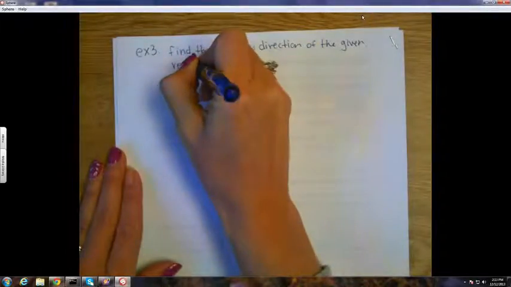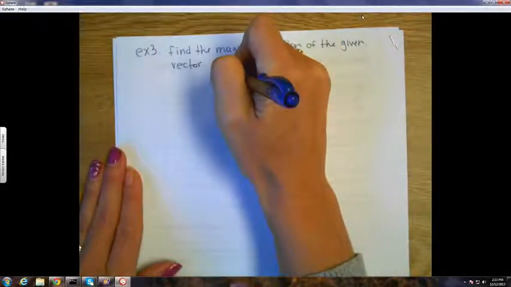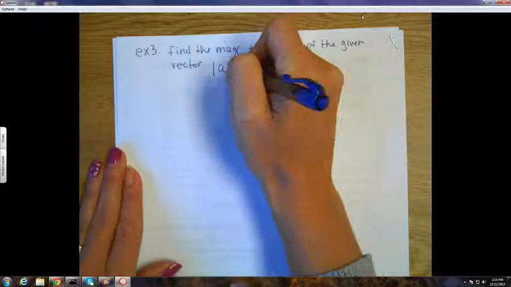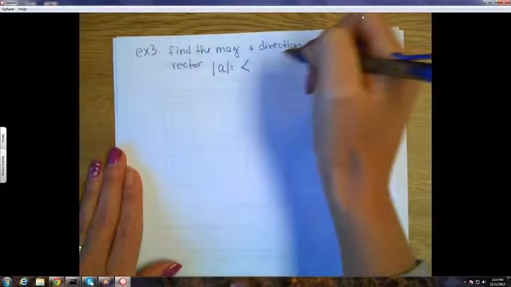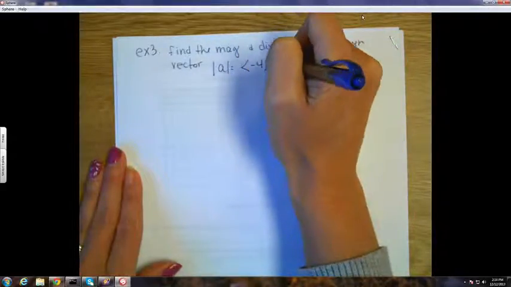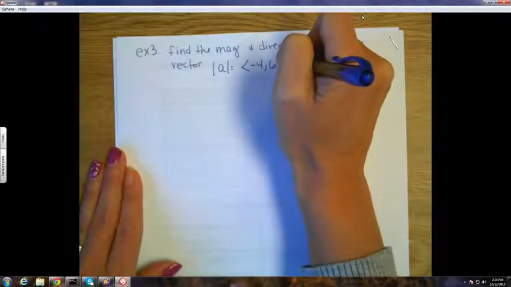And I'm going to give you a different notation for the vector. Vector A equals -4, 6 inside of pointed brackets.